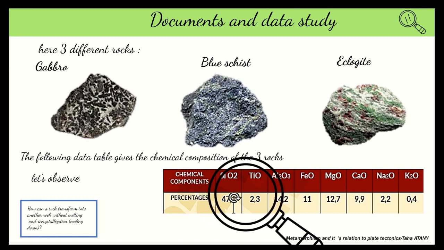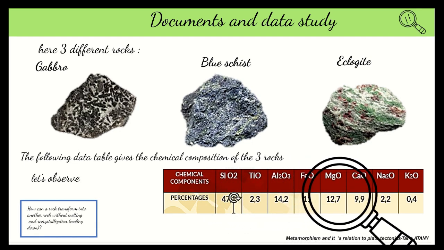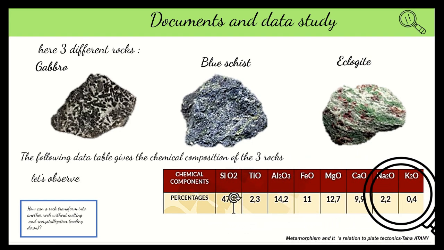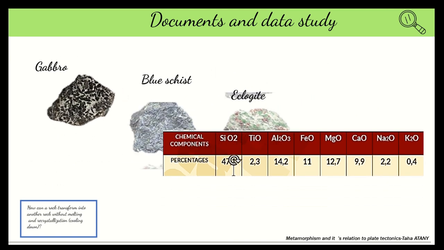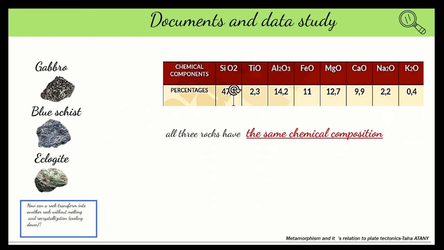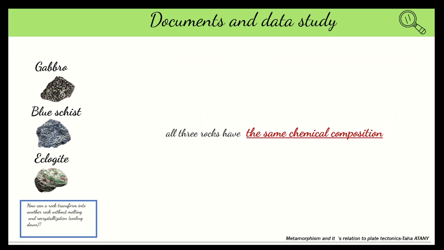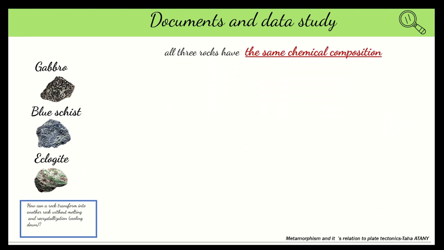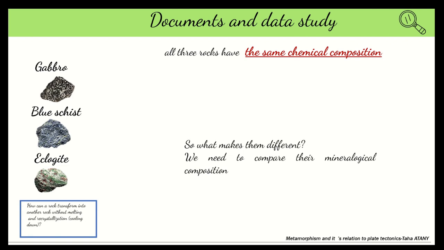We notice that they have the same percentage of each chemical molecule. It's the same for all three rocks. So this means that all three rocks have the same chemical composition. However, if they have the same chemical composition, why are there three different rocks? Hence, we need to study the minerals that compose each rock.